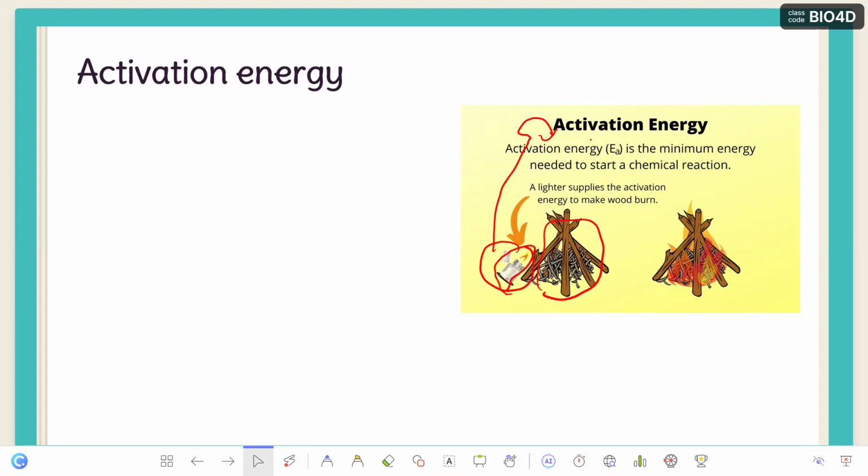Now the activation energy, I have two definitions here, but I actually like this one more than the one in your textbook, but it's okay, you follow the textbook. The activation energy is the minimum energy needed to start a chemical reaction.